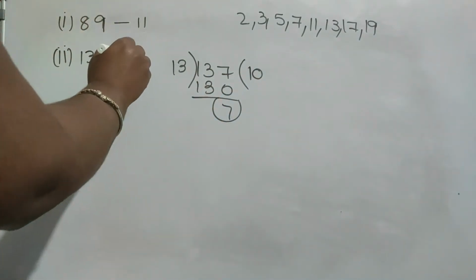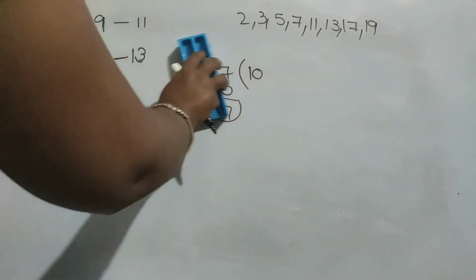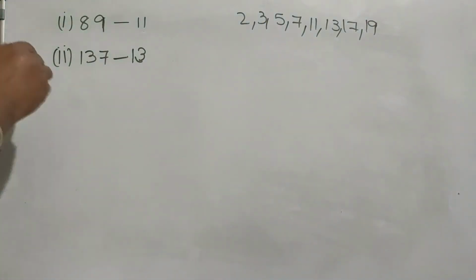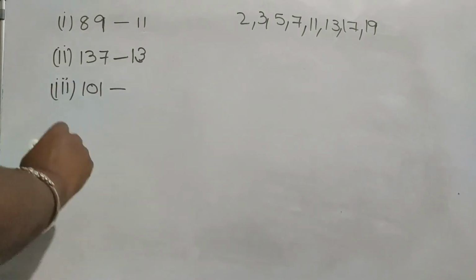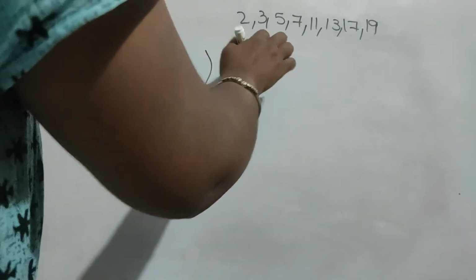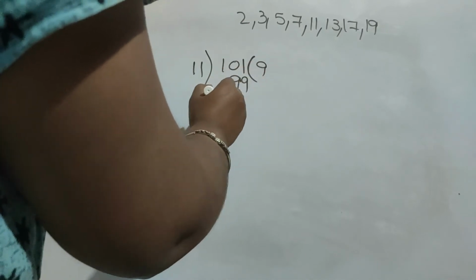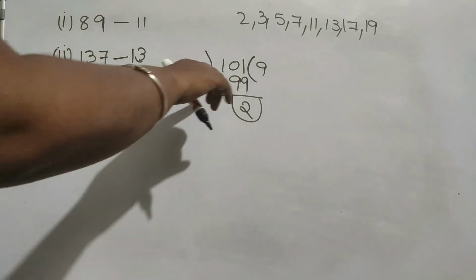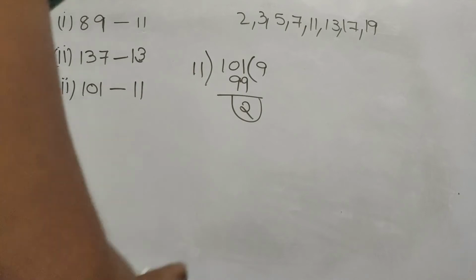So 13 is the highest number showing this is a prime number. The next question is 101. Taking 11 again, 9 elevens are 99, and 2 is the remainder. So 11 is the highest number showing this is a prime number.